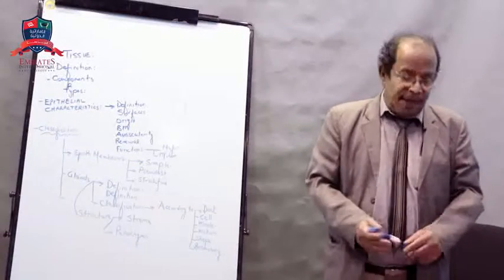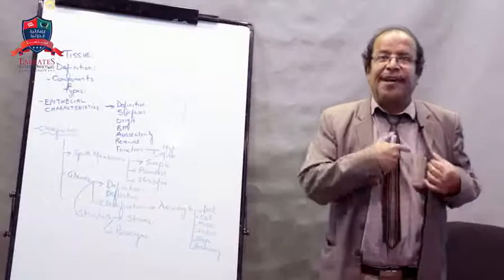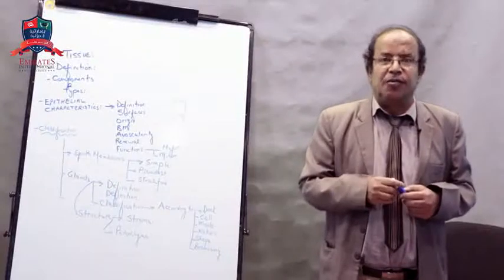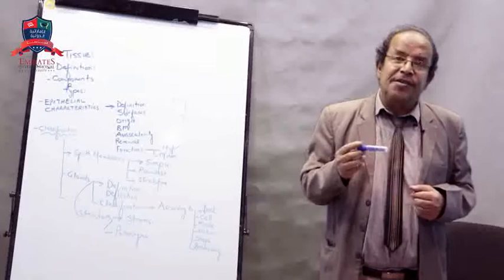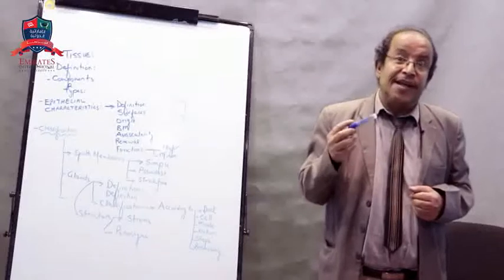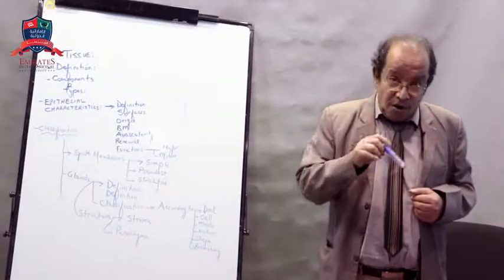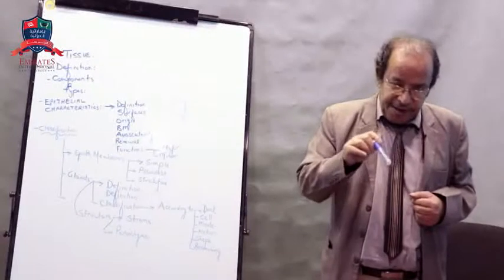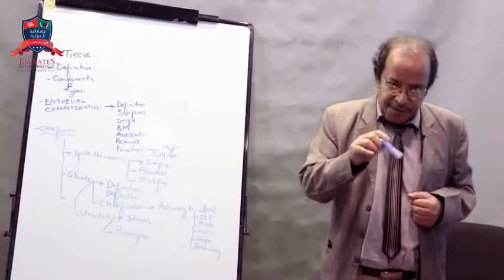For example, the skin of the mammary gland is made up of epithelium and connective tissue. The mammary glands, the sweat glands, the sebaceous glands, all of these glands are made up of epithelium, and this epithelium originates from the ectoderm.